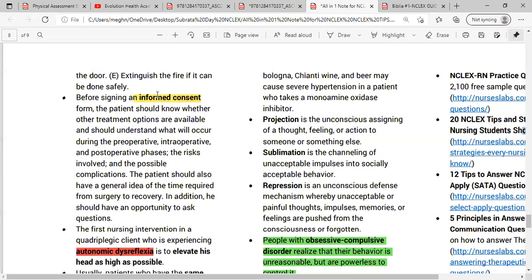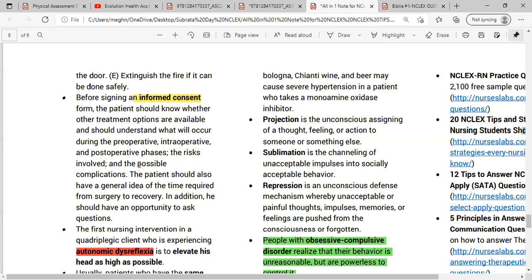It is obtained by the healthcare provider, like the physician, while the nurse's role is to ensure that consent is signed and in the chart prior to the procedure.